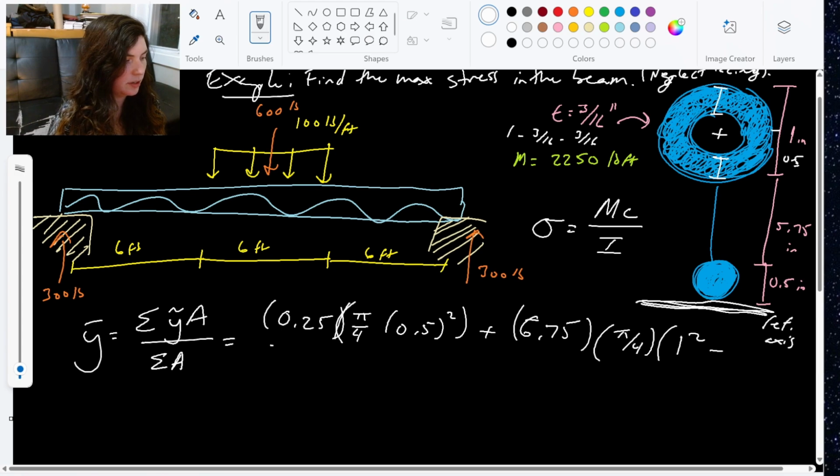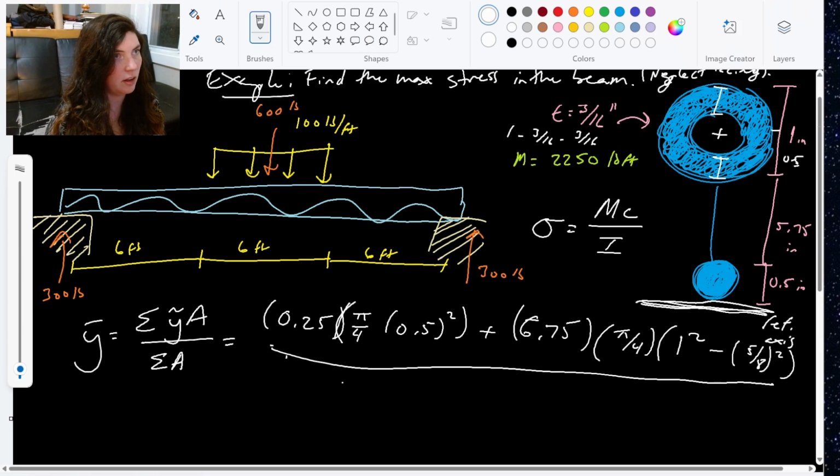That gives me, what is that? 6/16. 6/16 is 3/8. 1 minus 3/8 is 5/8. 5/8 squared.